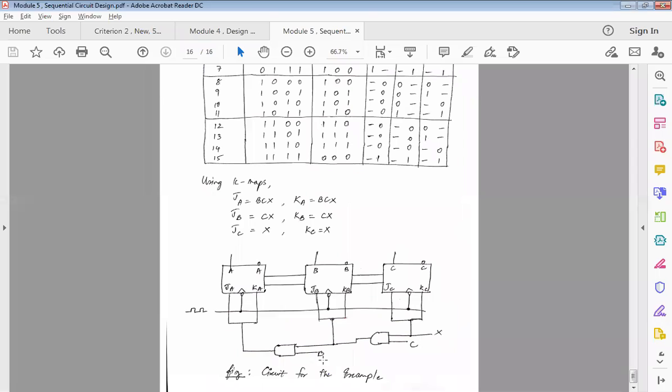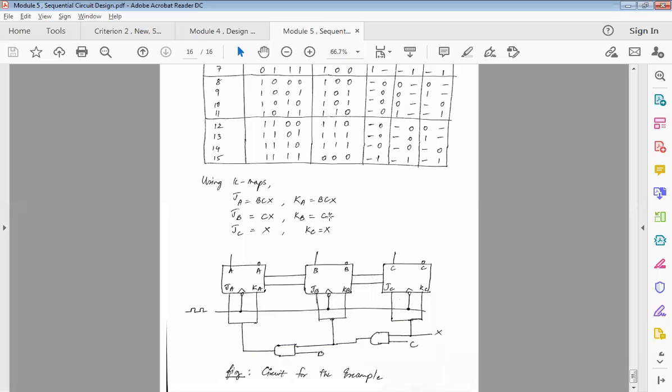So I will have an AND gate, which takes the multiplication of CX. CX means these two are taken care of. Then X means I will have KC and JC. Initially you can just draw 3 blocks, put JA, KA, JB, KB, JC, KC along with the clock. This clock is given in common and JA, KA, JB, KB, JC, KC are again taken separate. Since we have both the values J and K same, we short them.